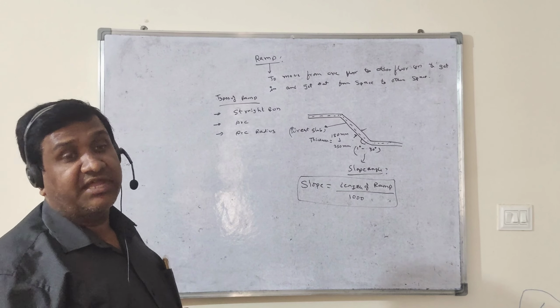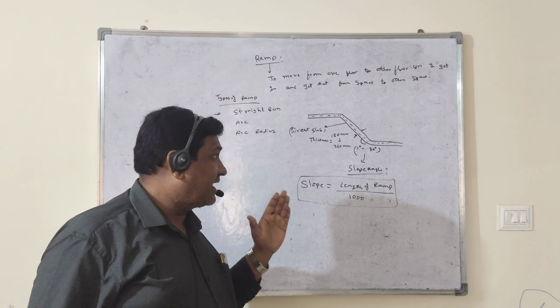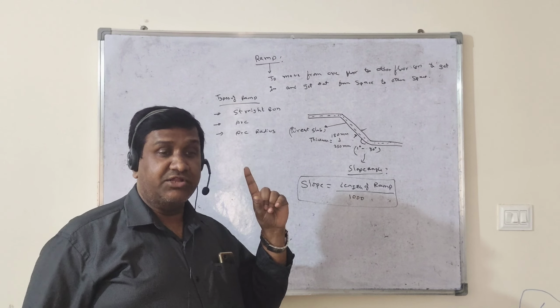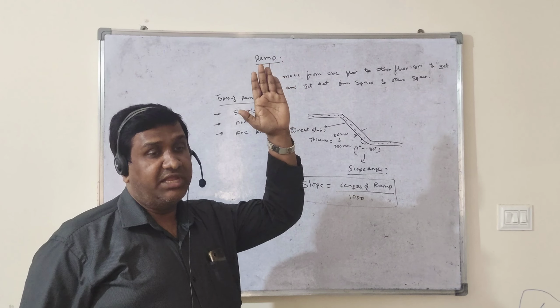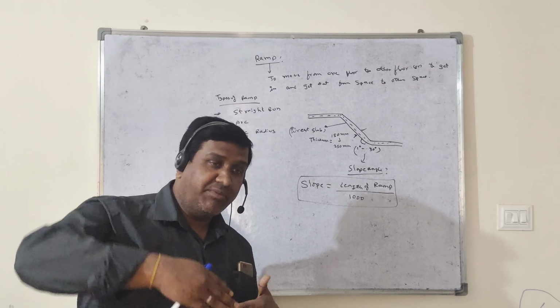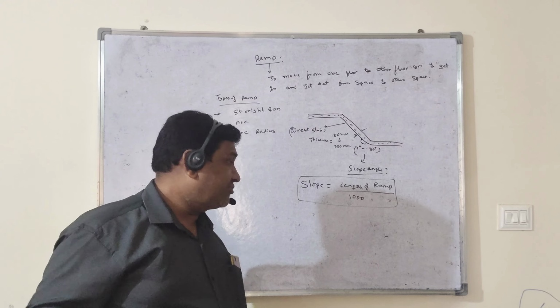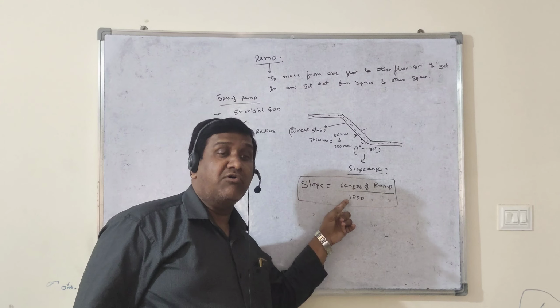So you have to decide the slope angle of the ramp, because the slope angle is going to be taken from 1 degree to 30 degrees. The slope angle is based on the length of the ramp, meaning how much length your ramp is going to be designed. Based on the length you have to divide by 1000.